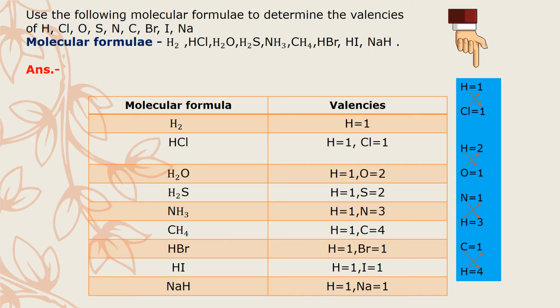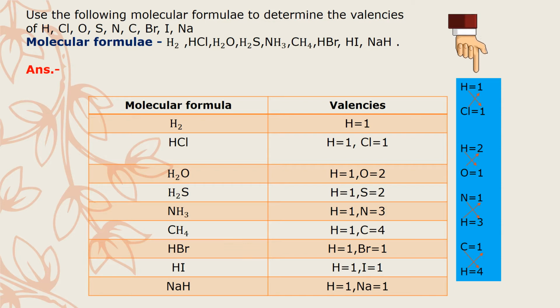So the number of hydrogen in HCl is 1 and the number of chlorine atoms in HCl is 1, and then you have to cross multiply. Whichever number corresponds to H will be the valency of hydrogen, and whichever number corresponds to Cl will be the valency of chlorine. Obviously hydrogen and chlorine each have 1 atom in hydrochloric acid, so their valency will be 1 only.